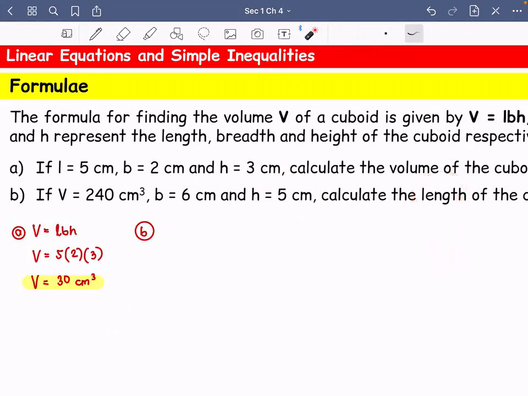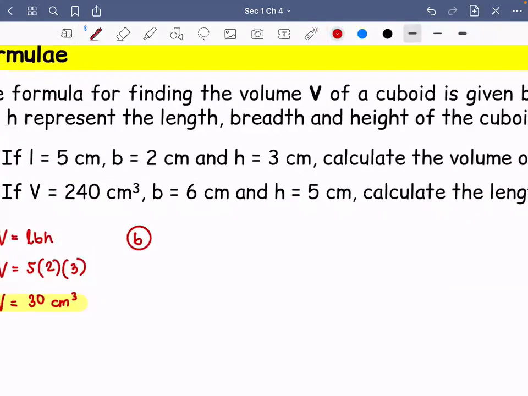Now, by the way, I'm using this cursive letter L because some people mistake it if I write it like this, it looks like the number 1, right? Anyway, for letter B, we're looking for the length of the cuboid, right? So how do we do that? Now we write the formula again.